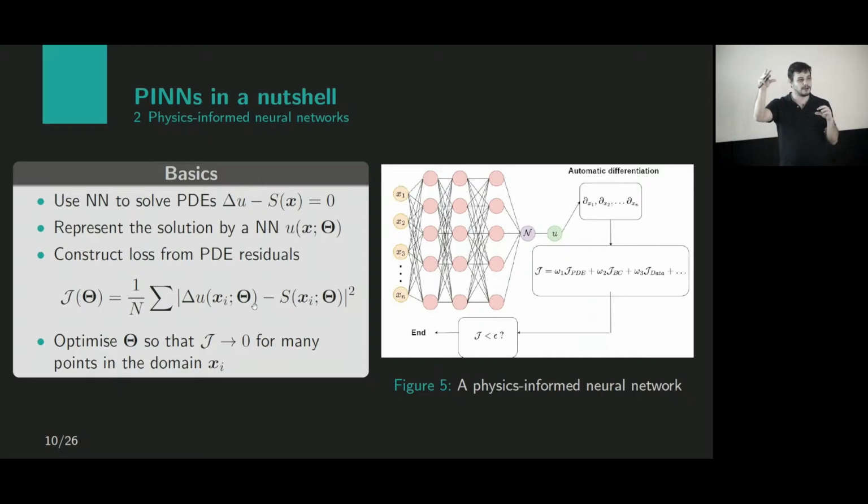So you will probably need more points in the part where the solution is more complicated than in the part where the solution is not so complicated and easier to fit. So you have to play with how you select your training points in this sense. But you are not afraid of overfitting to specific points that you choose, because they are random and you change them continuously. Okay, thank you.